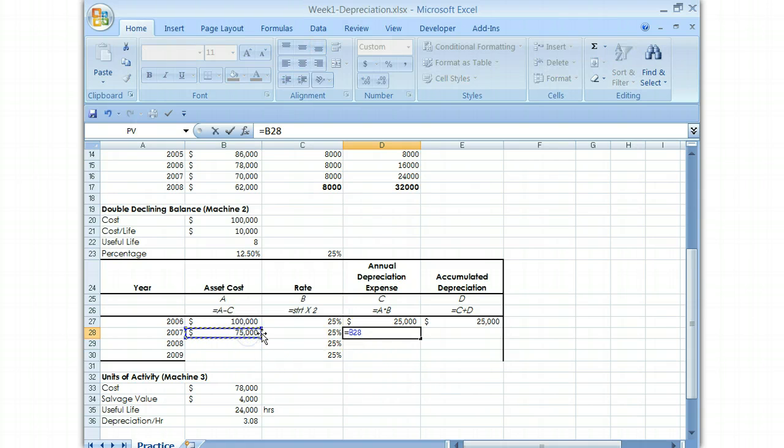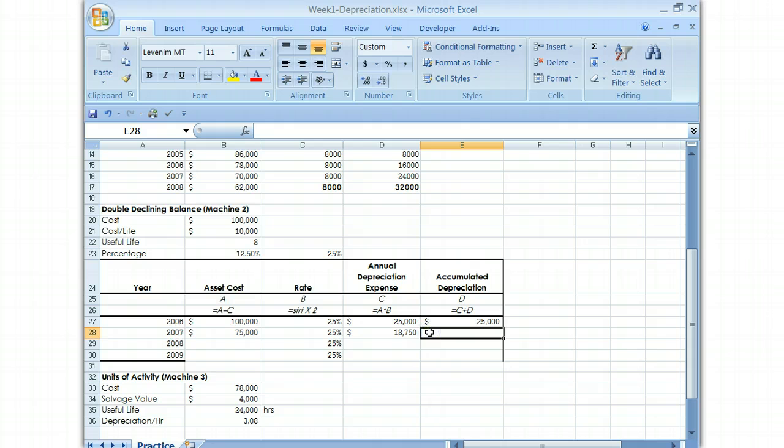So this is going to be our 75 times our 25%. And then here we're going to do the same thing again. We're going to do equals and our 18 plus our 25 to get our accumulated. And now you should be able to copy down to the other cells here. And that completes our little chart.